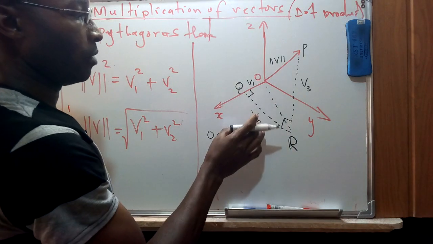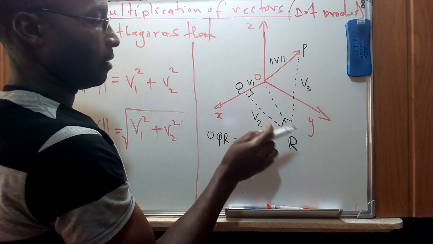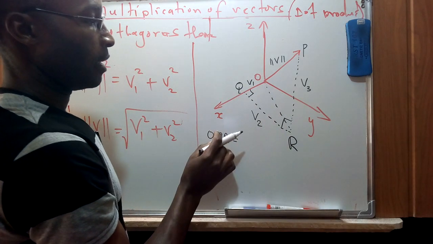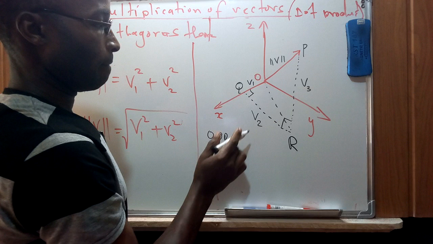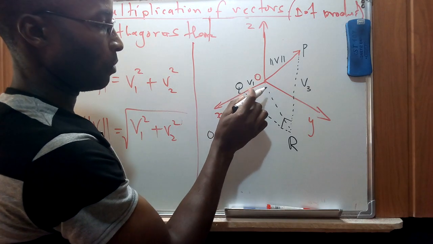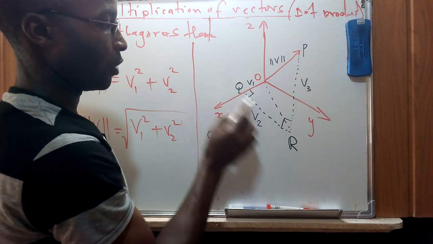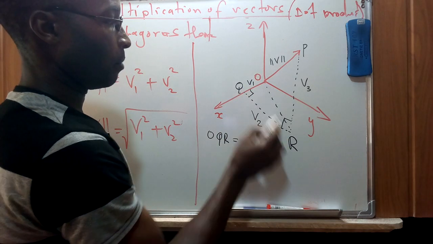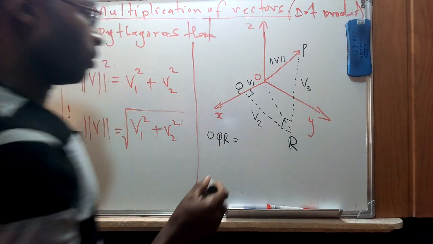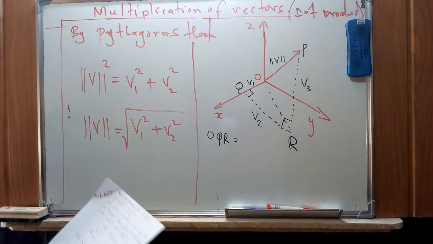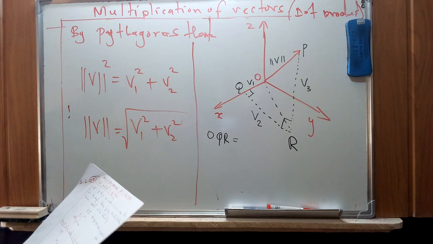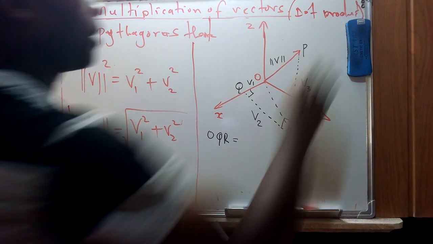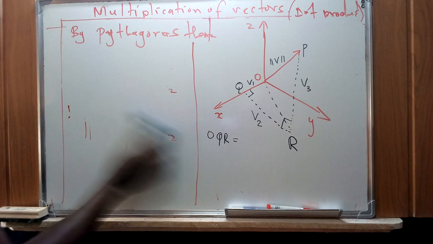Therefore, we can describe this OR, since it is the hypotenuse for triangle OQR.